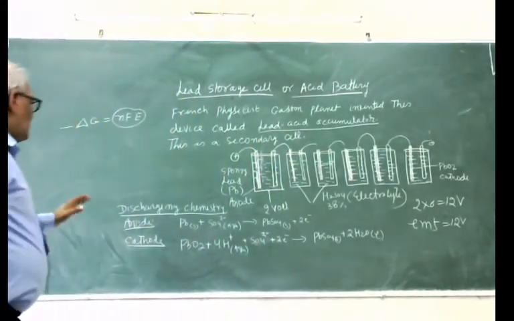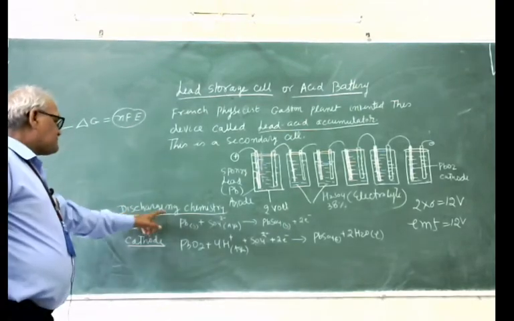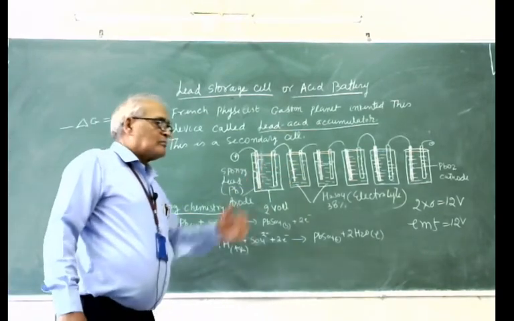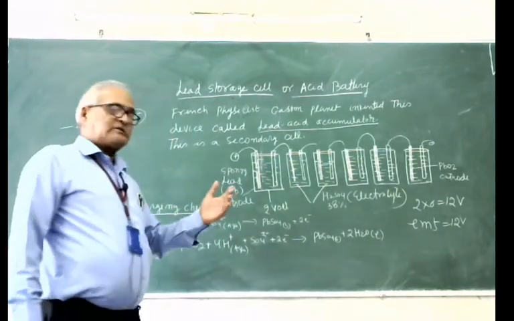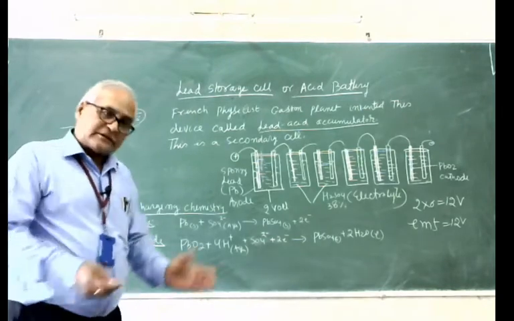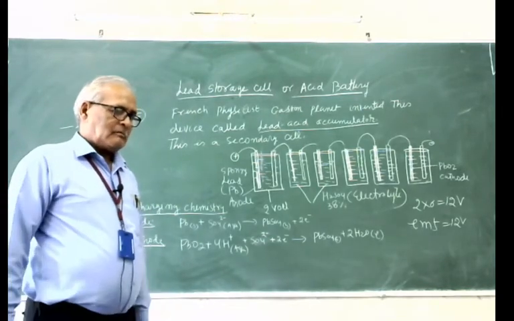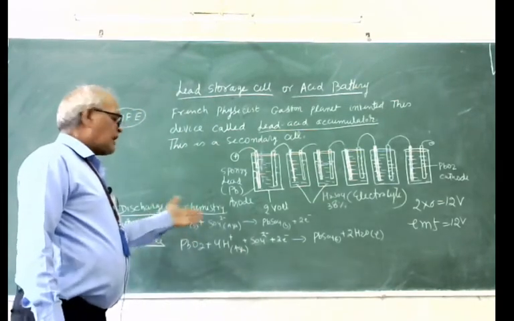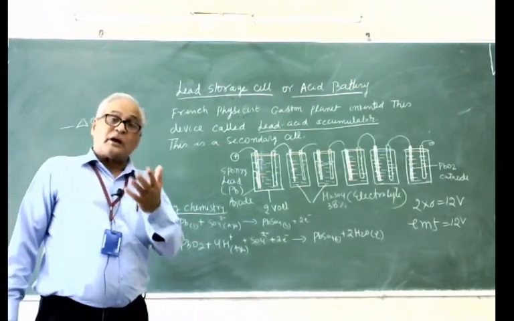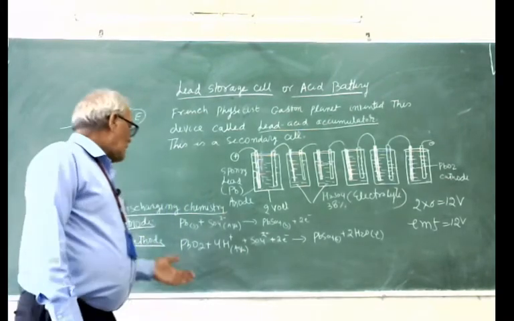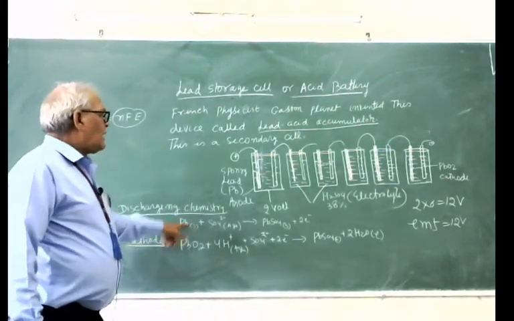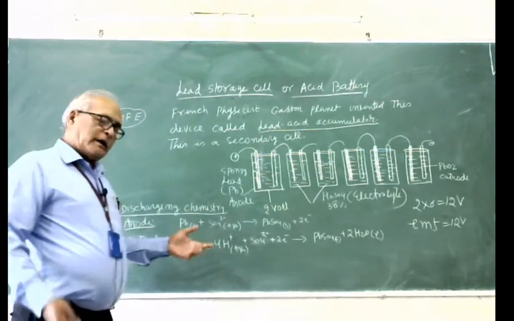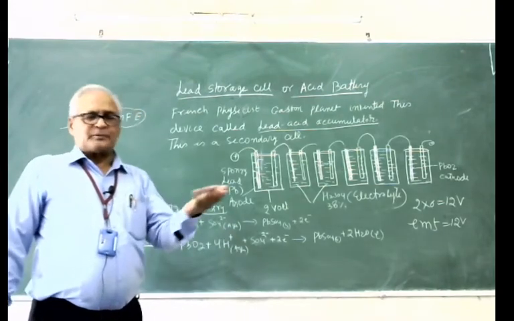Now come to the discharge. When you draw current from the battery, the following reaction takes place. That is the discharge. What is the chemistry of the discharge of the battery? Just see, lead is the anode. Everybody knows that oxidation takes place at the anode.